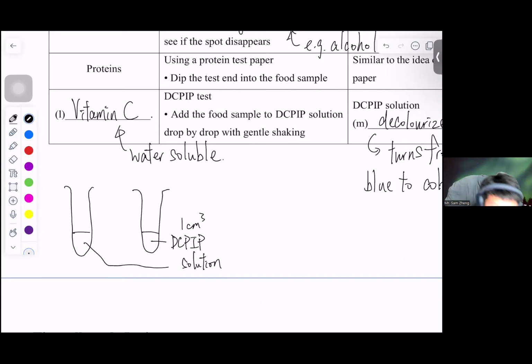Then we add the solution, the juice of the first sample. Now assume each drop is equal to 1 vitamin C.